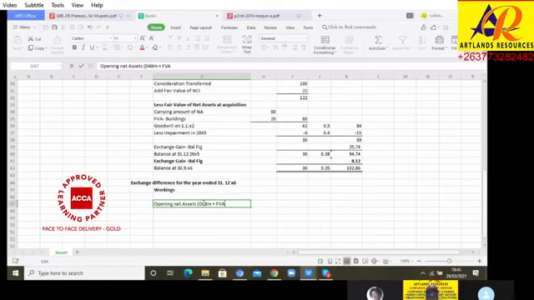So the fair value adjustment was 20 million, less depreciation from X2 to X5.